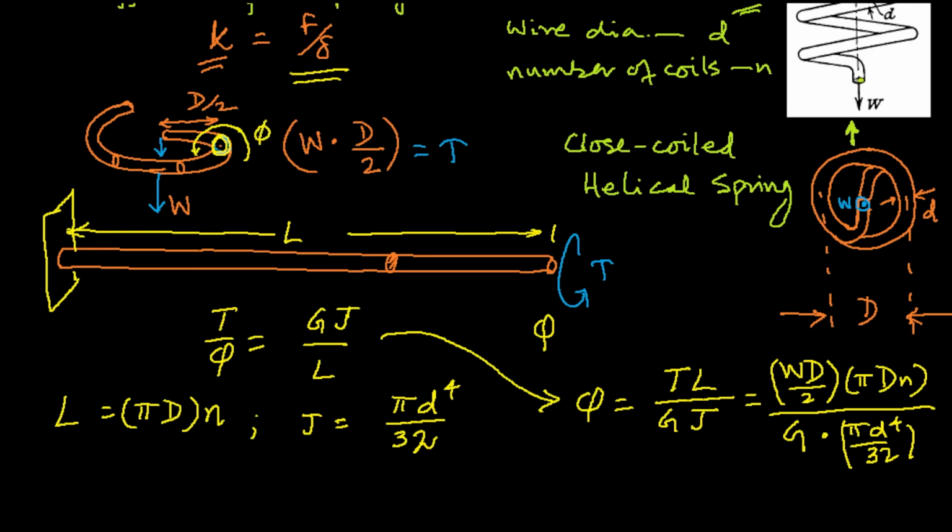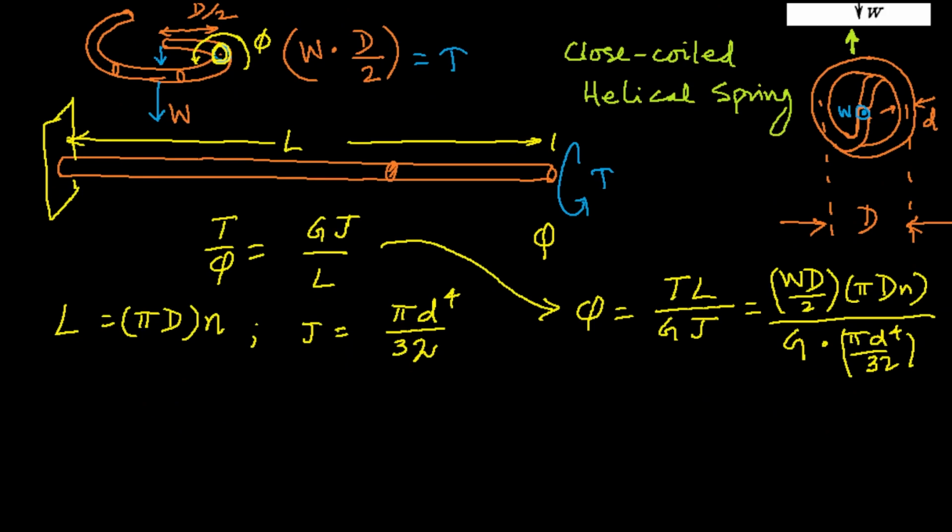If that gets twisted by an angle of phi, the effect is coming because every section has rotated by some amount, right? So this portion has rotated by some amount, this portion has rotated, and at the end you are getting a rotation of phi as a cumulative sum of all those rotations, and then this phi times this r would be the deflection, right?